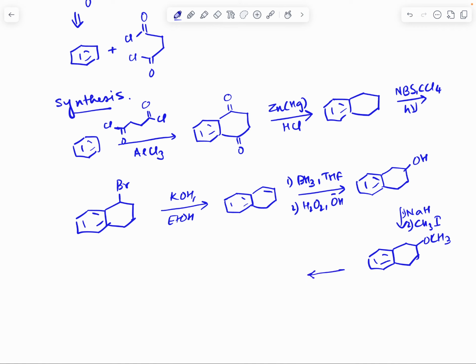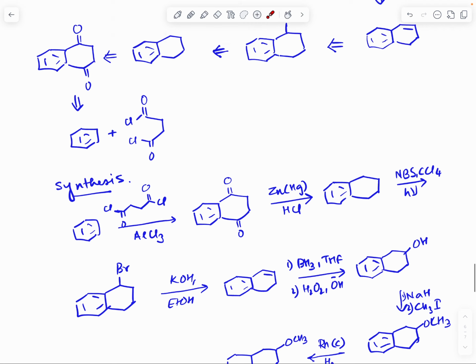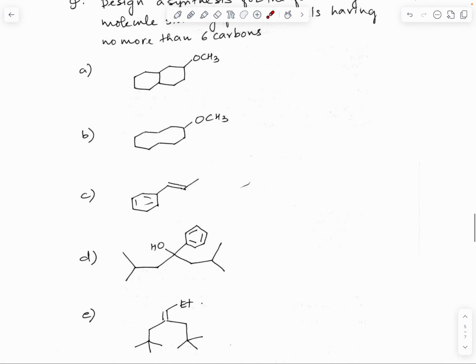So if I take that one step further, I can take rhodium on carbon and hydrogenate it, and that's going to get rid of the aromaticity in the benzene ring, giving us this as the product. All right, so that was A.